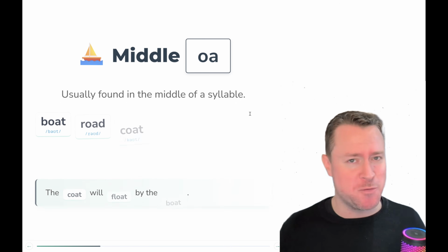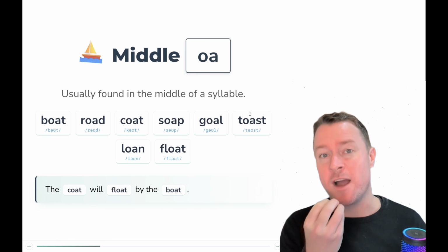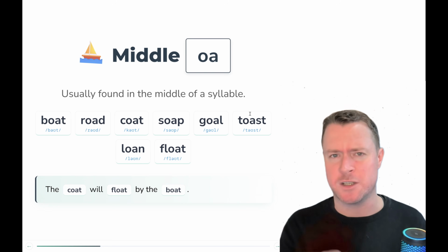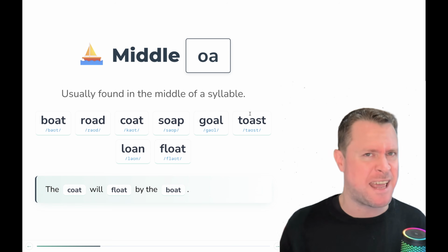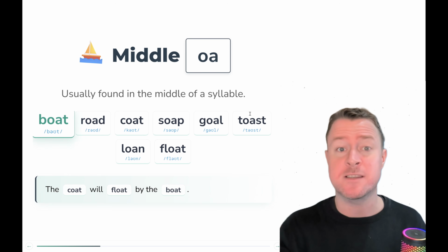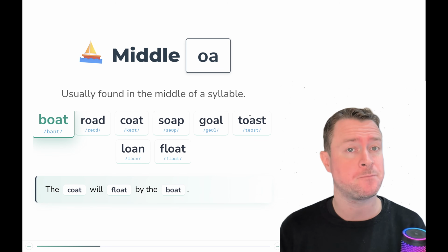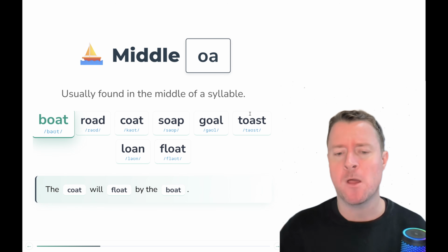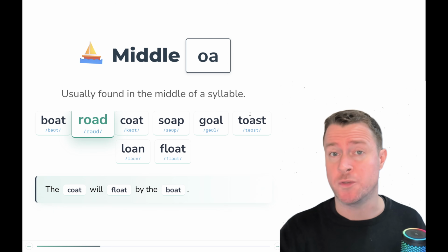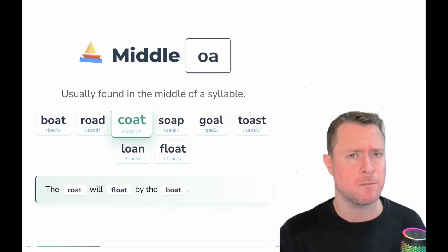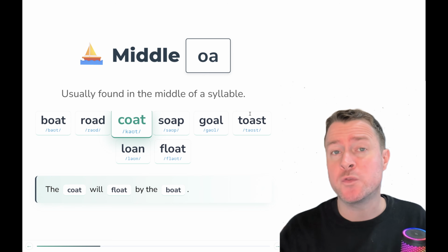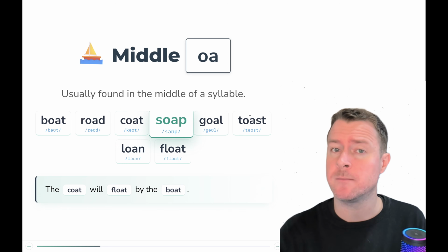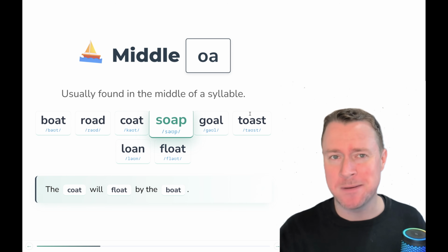Okay, let's move on. You'll also find this O sound in words where you see O and A together. Look at words like boat, road, or even coat. Perhaps soap.